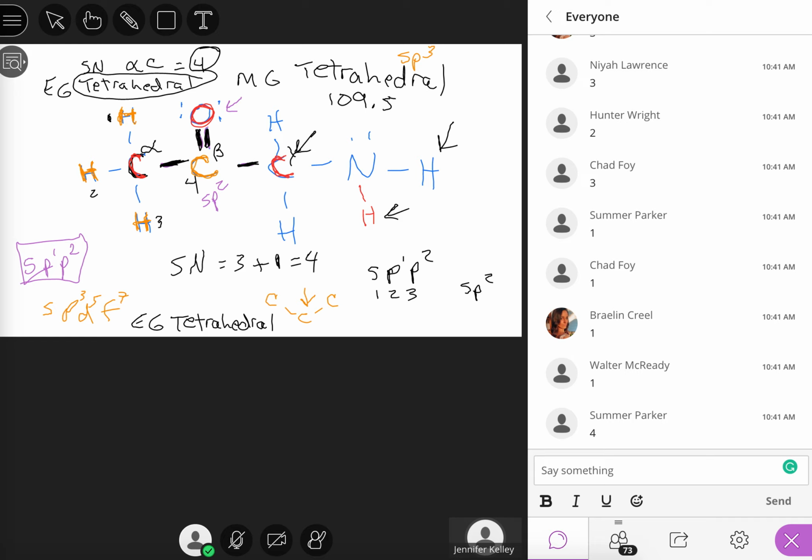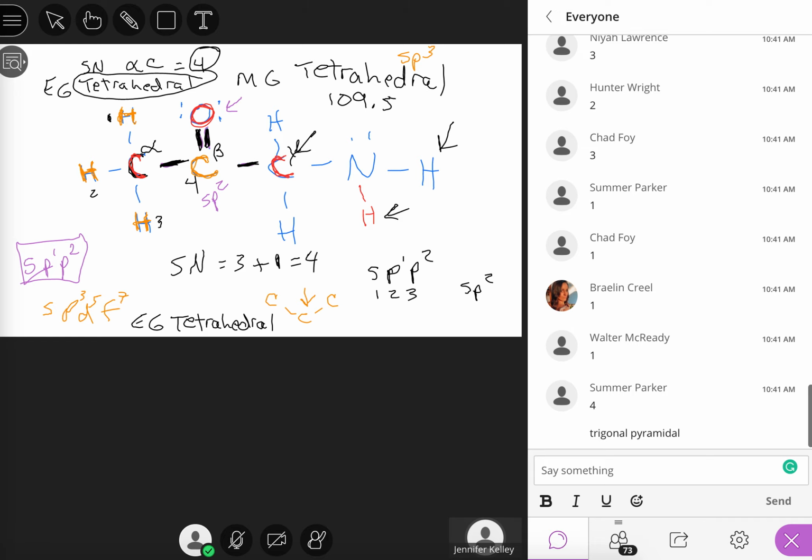However, the molecular geometry was also tetrahedral before because we had no lone pair. Now we have 1 lone pair. So we would have had something that looked like this, but now, instead, we just have the bottom part because the other piece is a lone pair. What do we call, oh, you guys are faster than me. And so that would be trigonal pyramidal.